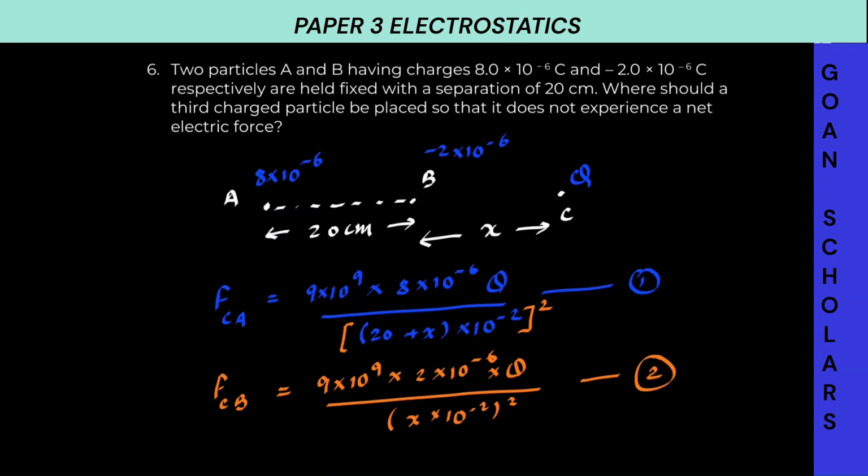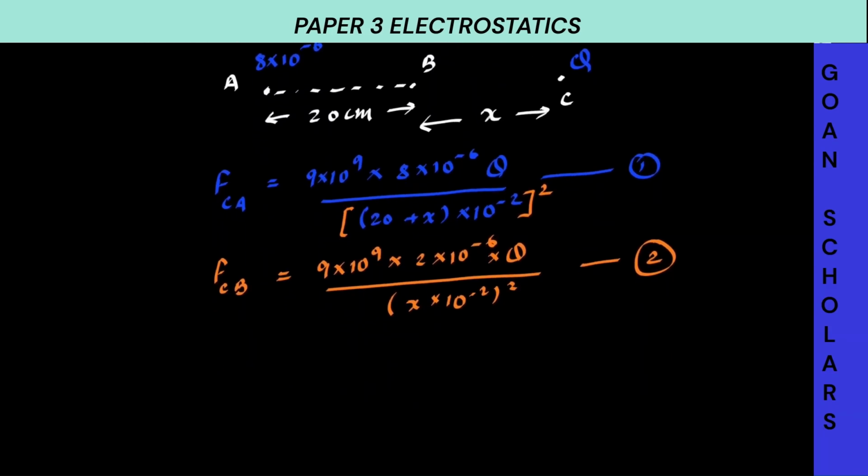As per the question, the resultant force must be 0, and if the resultant force is 0, the force on C due to A must be equal to the force on C due to B. So let's equate equations 1 and 2.